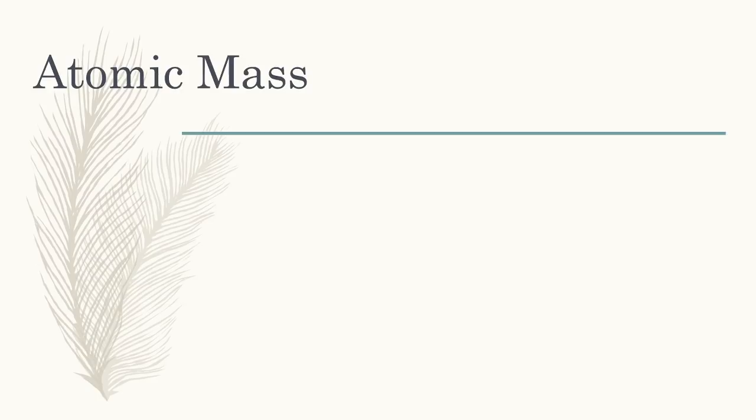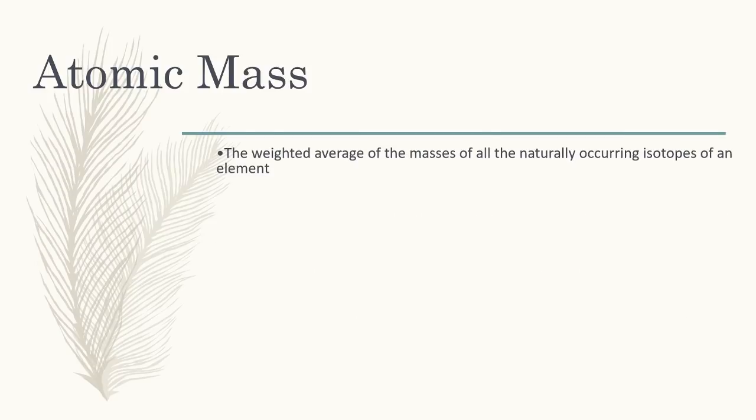Now, these isotopes come into play and they give us the full atomic mass. Okay, so the atomic mass of an atom is actually the weighted average of all the masses of the naturally occurring isotopes. The average ultimately considers the abundance within nature of each of the isotopes.